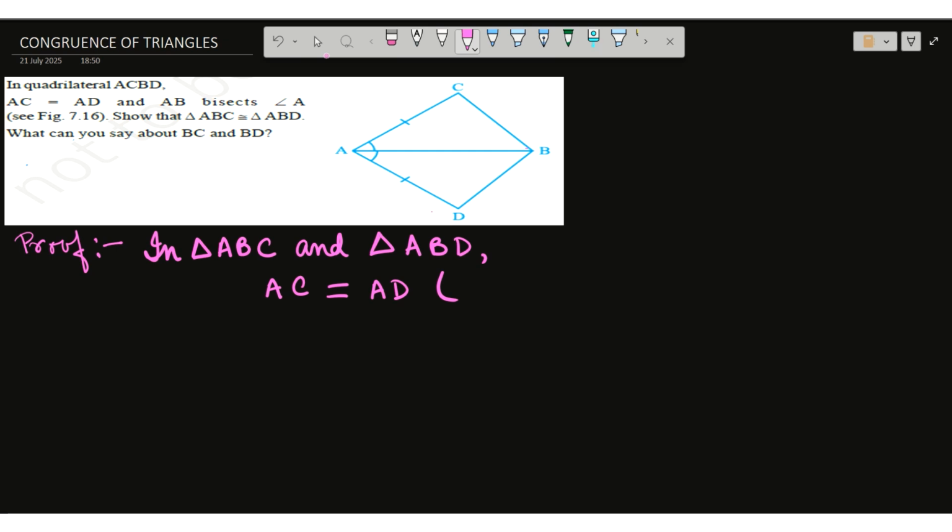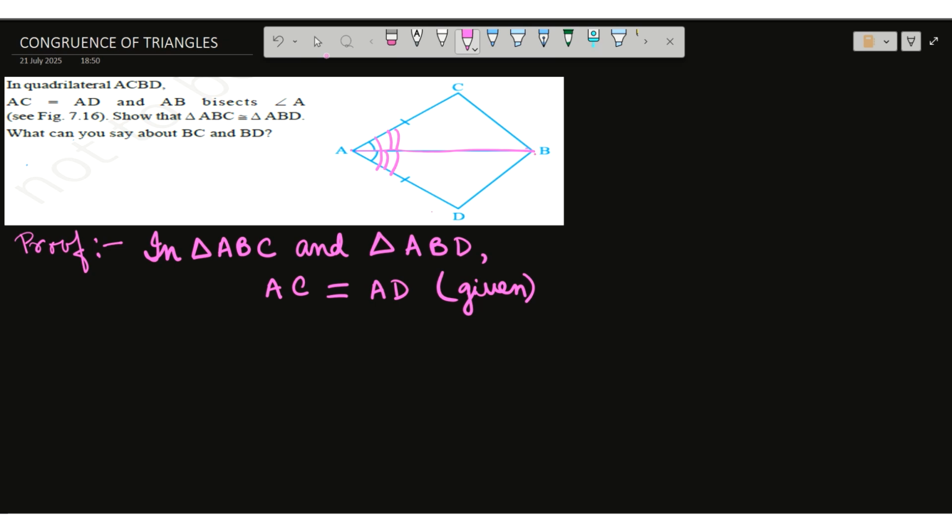Always write the reason in the bracket. It's given in the question, that's why I have written given in the bracket. Next, we can see that AB is the bisector of angle A. Since AB is the bisector of angle A, angle A will be divided into two equal angles, that is angle CAB and angle BAD.